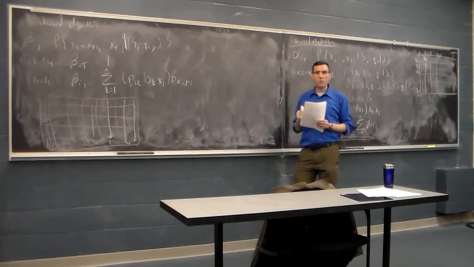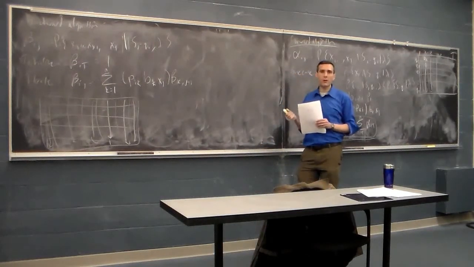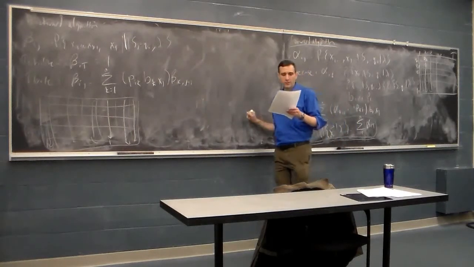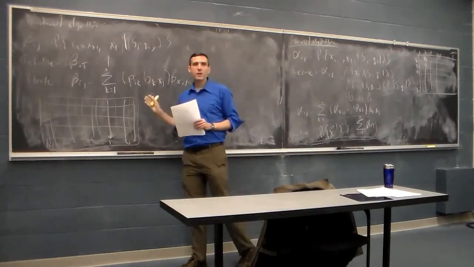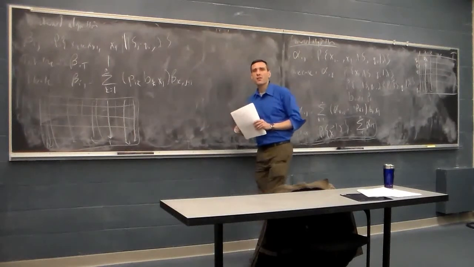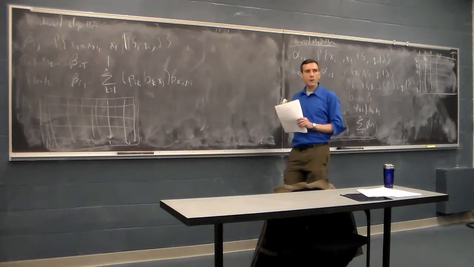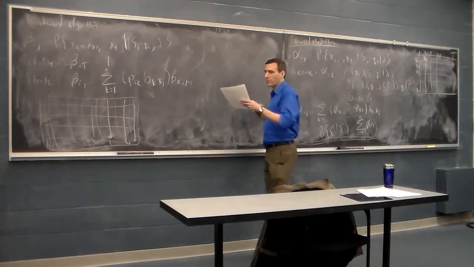Now you might wonder why we would bother having a backward algorithm if we already have the forward algorithm solving the problem. One of the reasons is this actually gives us another interesting way of solving the first of our 3 hidden Markov model problems.